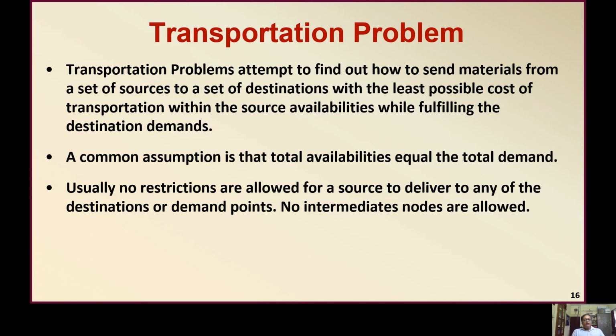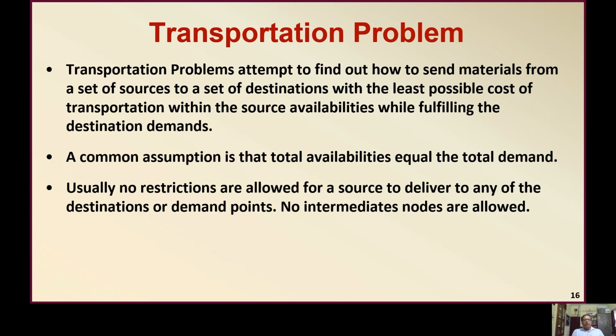So there are several sources and there are several destinations. So from the source to the destination, there are different paths. Let's say as a special case, let us assume all sources are connected to all destinations. But the cost of transportation is different. Source 1 to destination 1 and source 1 to destination 2 or destination 3, the costs are different.